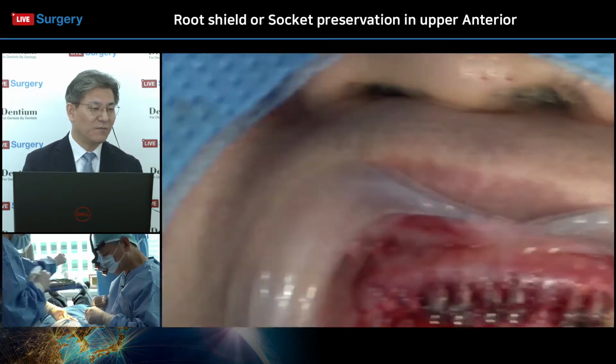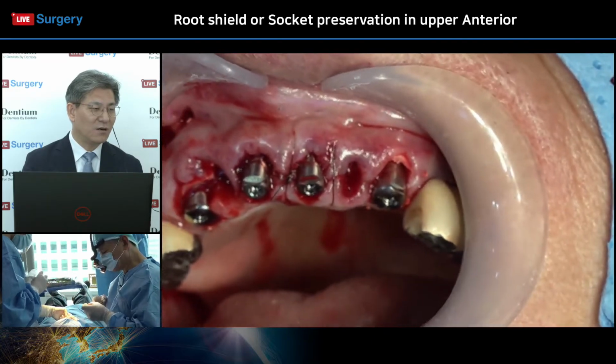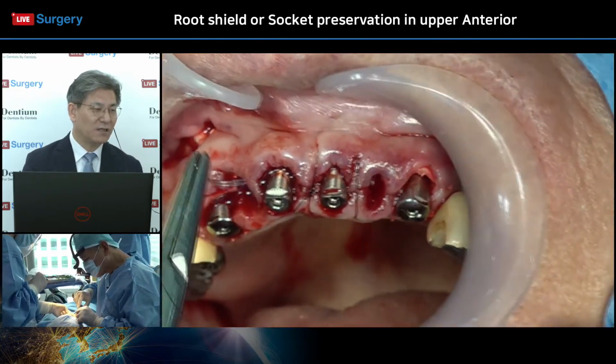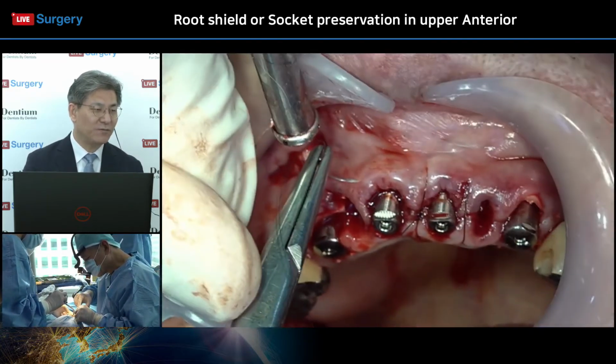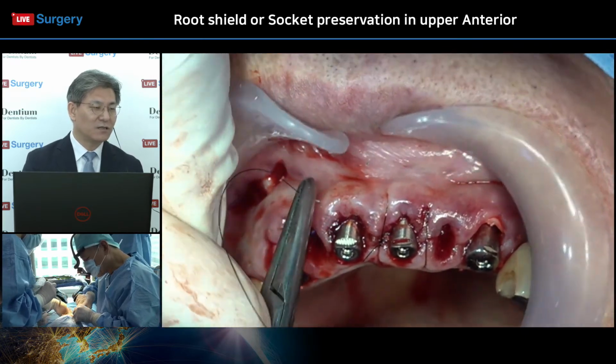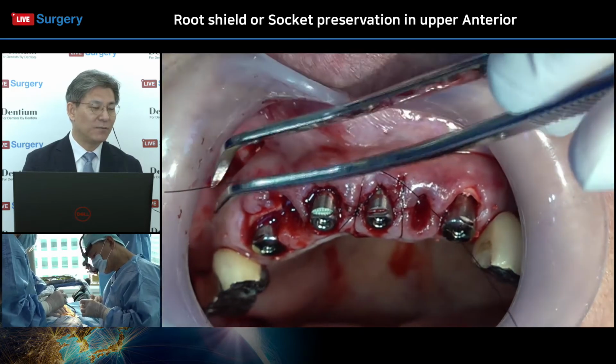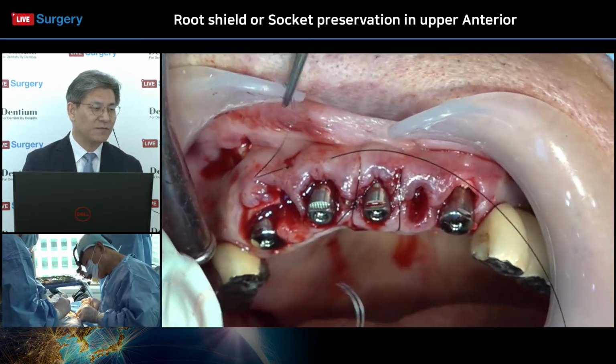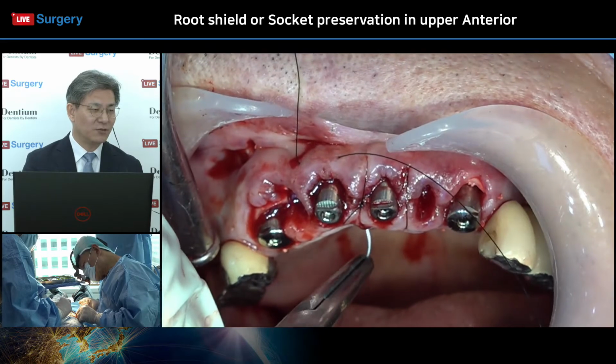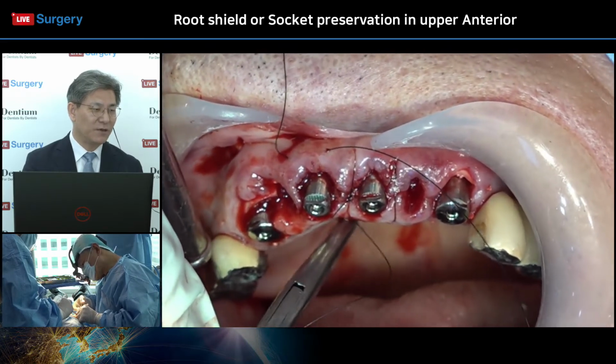When you have implant surgery, sutures like black silk should be prohibited, right? So always use monofilament sutures to prevent infection and micro abscess during the healing period.